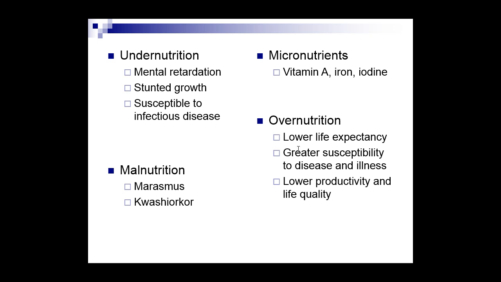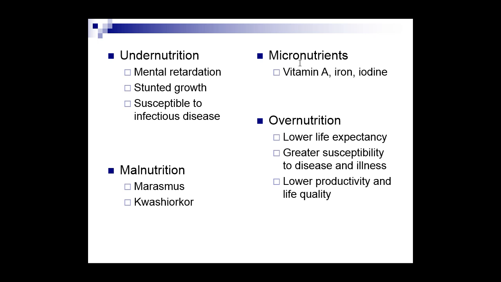So if you just eat less so that you're not overnourished, and then use the money that you might have spent on junk food and donate it to UNICEF or another charitable organization, you could help eliminate the undernutrition and malnutrition of the world.